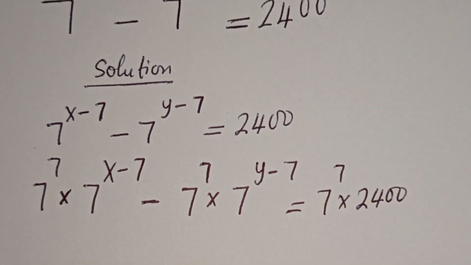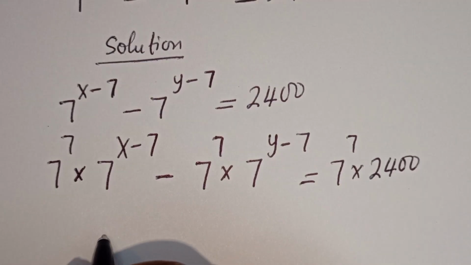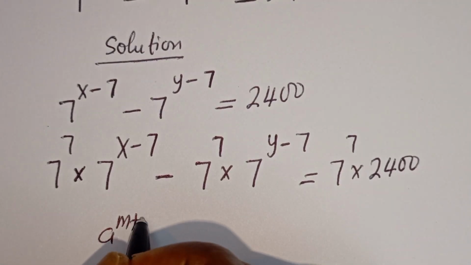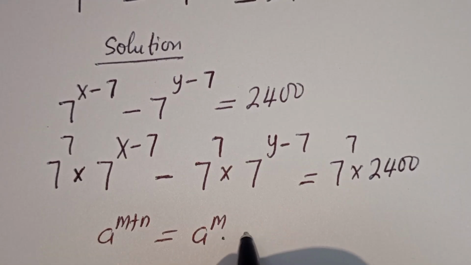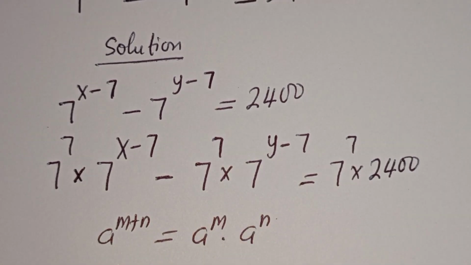Now take note that if you have a to the power of m plus n, this is equal to a to the power of m multiplied by a to the power of n.